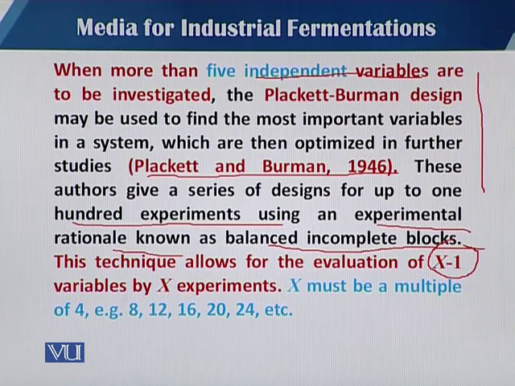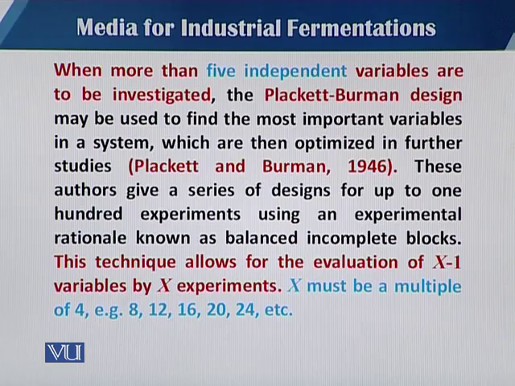So x in Plackett-Burman design must be a multiple of 4, either 8, 12, 16, 20, 24, 28, 32, etc. So we have to set our experiment in multiples of 4.